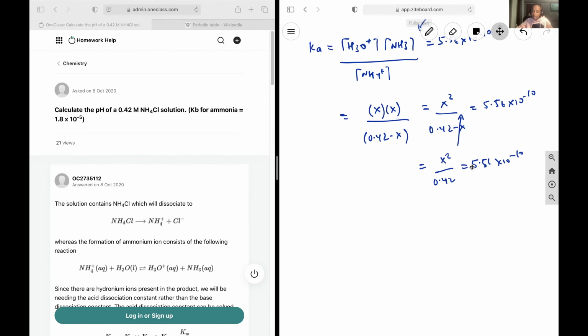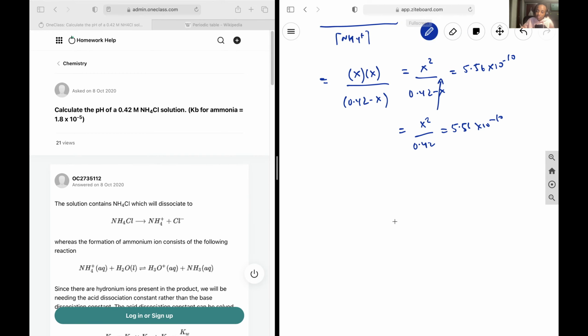Now from there, simply isolate for x. And we get x is the square root of 5.56 by 10 to the negative 10 multiplied by 0.42, meaning x is going to be 1.53 times 10 to the negative 5.